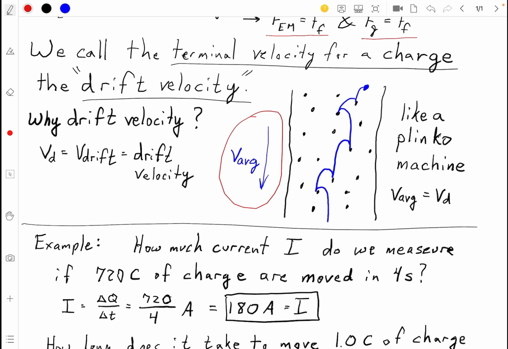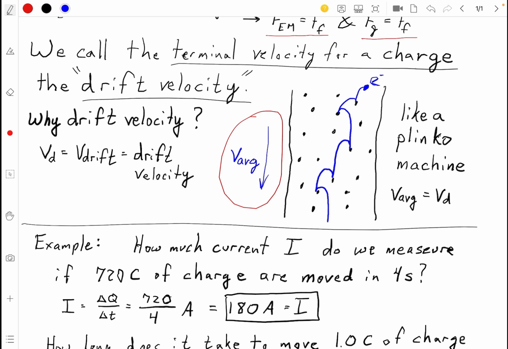All right, let's just think of it as an electron. So this little guy here is an electron, and it's going to be bouncing through, just like a Plinko game, bouncing through all of the atoms. Sometimes it hits hard, sometimes it doesn't, sometimes it slides right by other atoms. So all in all, it has some movement.